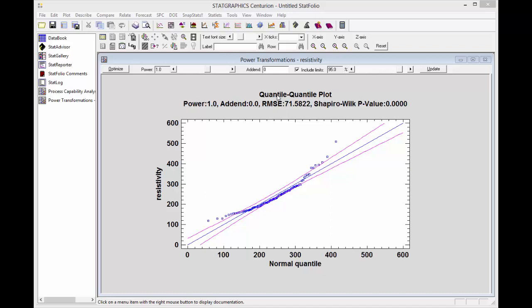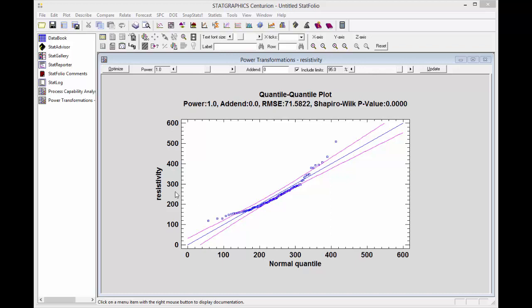The second window shows what's called a quantile-quantile plot. It shows on the y-axis the quantiles of the data. That is basically the data sorted from smallest to largest. On the x-axis, it shows the equivalent normal quantiles.